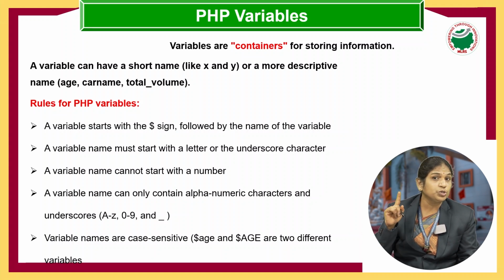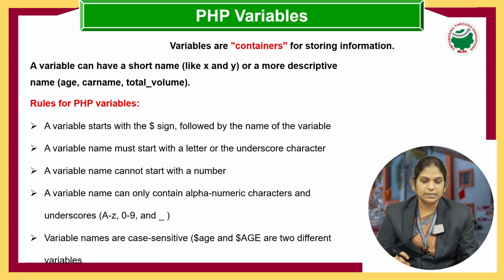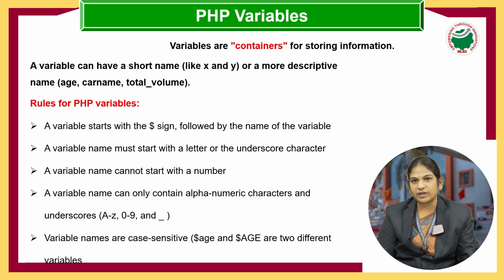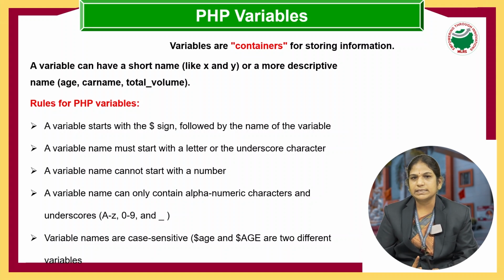The variable should not start with a numeric value, and the only special symbol it supports is the underscore. A variable name can only contain alphanumeric characters, A to Z in uppercase or lowercase, or 0 to 9, and only one special character, the underscore. And variable names are case sensitive, which we have just seen.